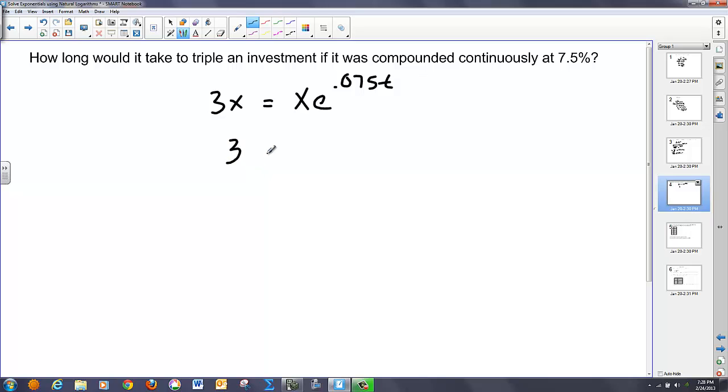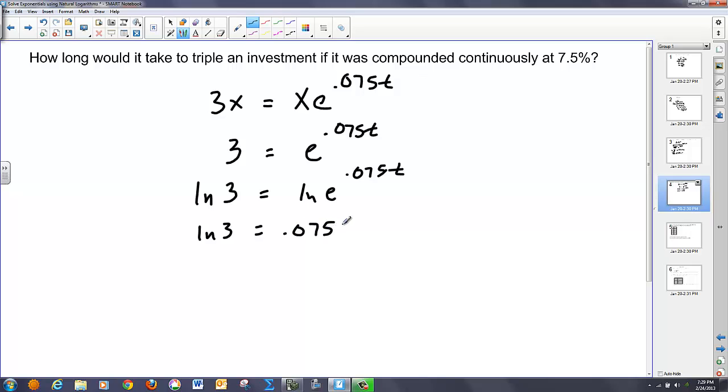So I have 3 equals e to the 0.075t. Take the natural log of both sides once again. We have the natural log of 3 is equal to 0.075t ln e.